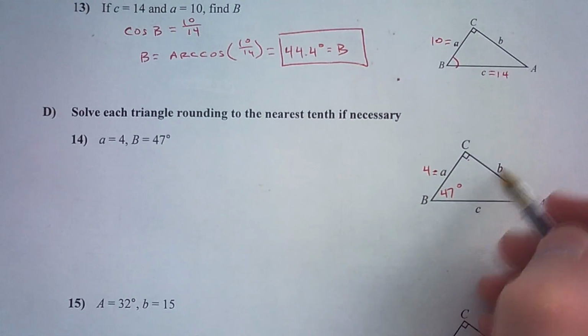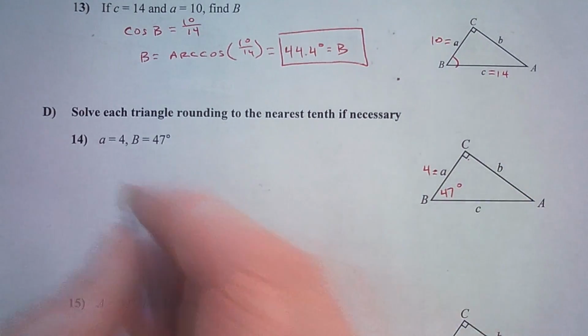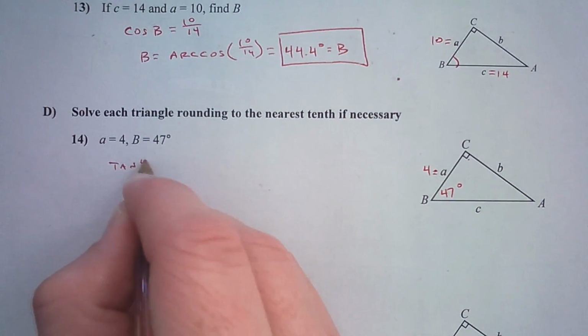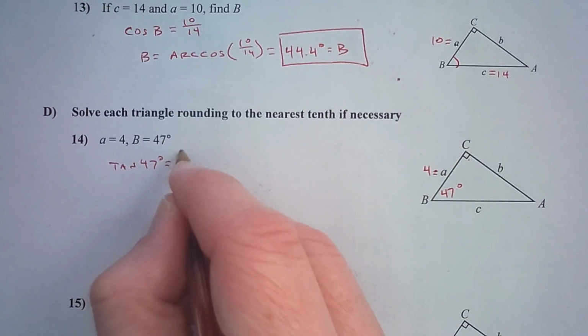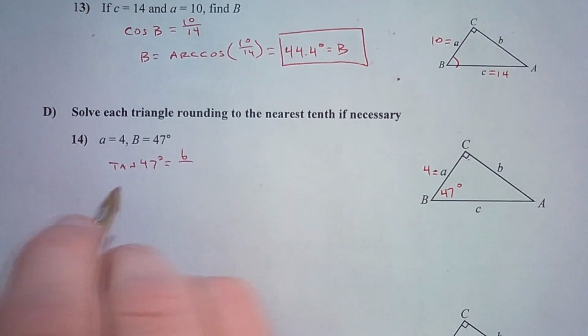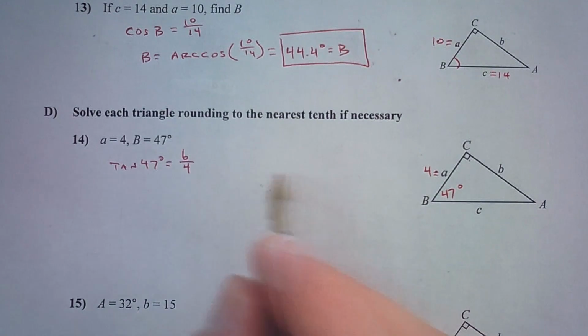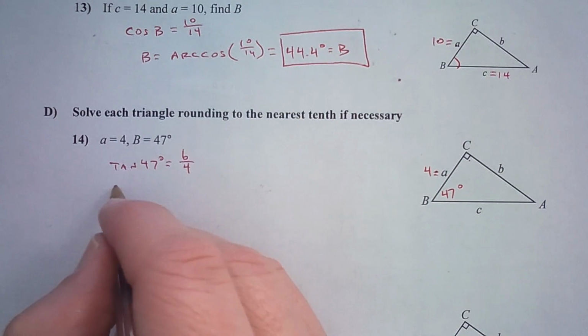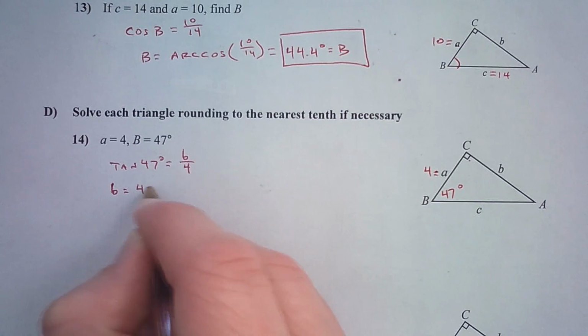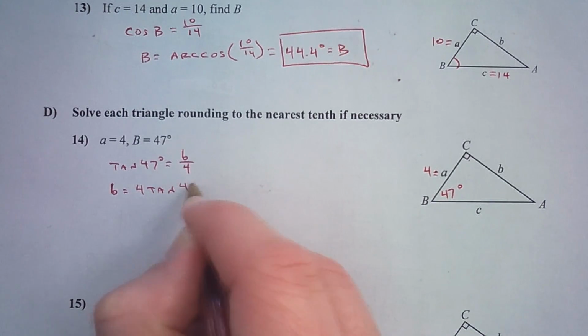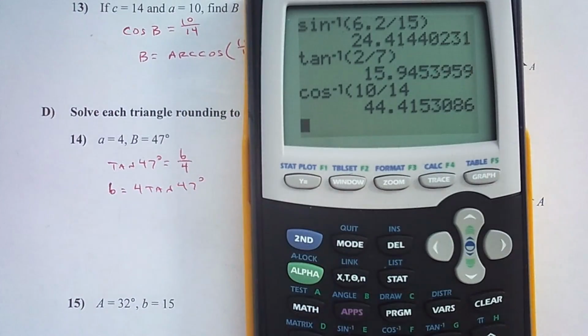So to get b, I could do opposite over adjacent, that's tangent. Tangent 47 degrees equals the opposite b over the adjacent 4. Okay, so I can multiply this 4 across. So b is 4 times tangent 47 degrees.